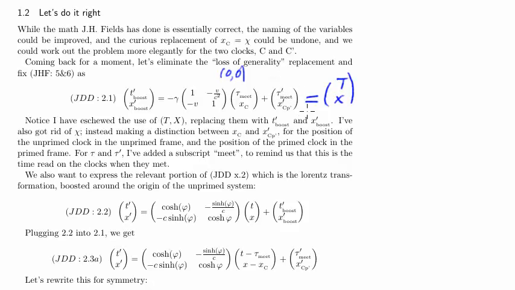So these are new variables. I'm sorry, these aren't variables. These are new points. This is a new point in 2 reference frames. This is a shared point where the 2 clocks meet. So we can see what the coordinates of where the clocks meet are in the primed frame and in the unprimed frame.